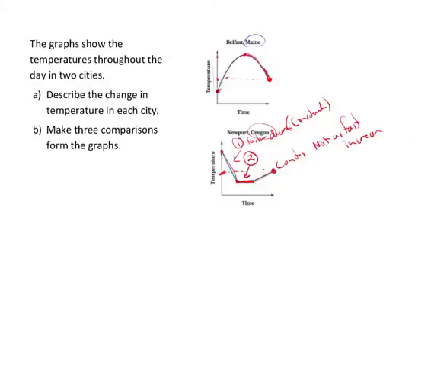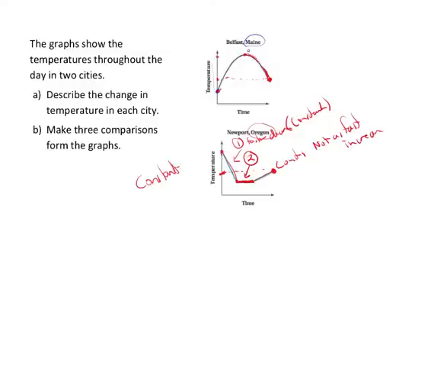So make comparisons from the graphs. So we looked at the comparisons. The Newport one has a lot of constant parts to it.